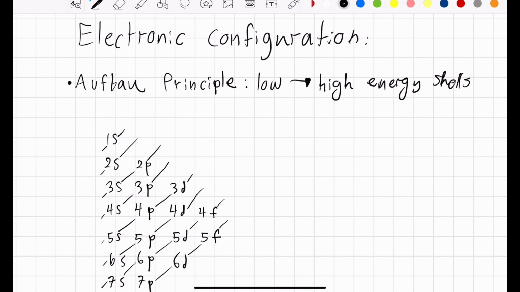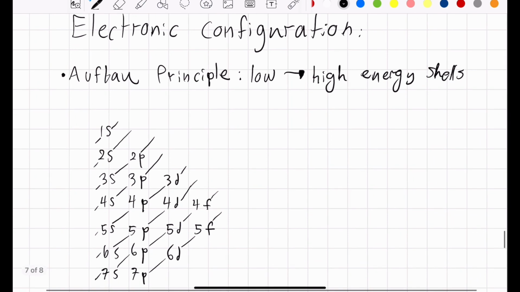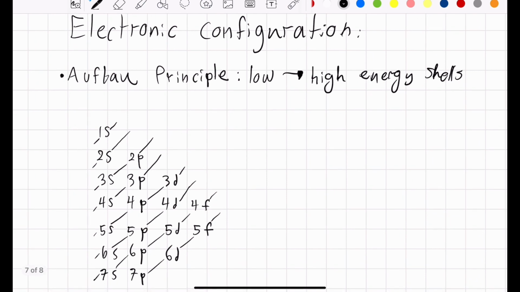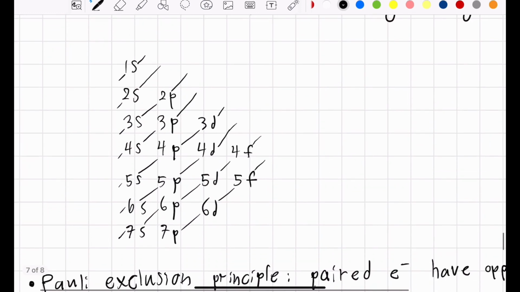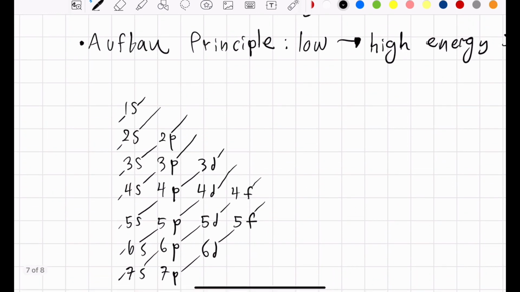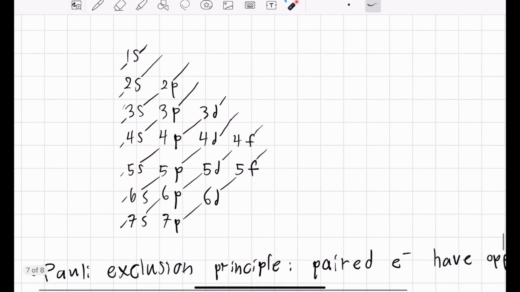Firstly, there's the Aufbau principle, which states that energy shells are filled from the low ones first to the higher energy shells. And they are filled in this order: starting from 1s, going to 2s, 2p to 3s, 3p to 4s, 3d to 4p to 5s, 4d to 5p to 6s, 4f to 5d to 6p to 7s, and so on.